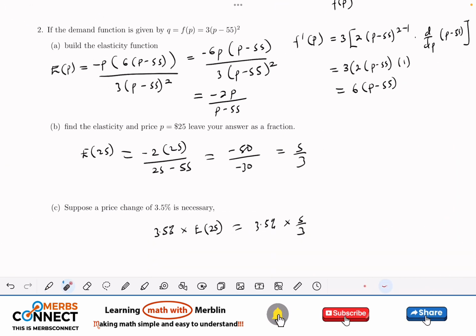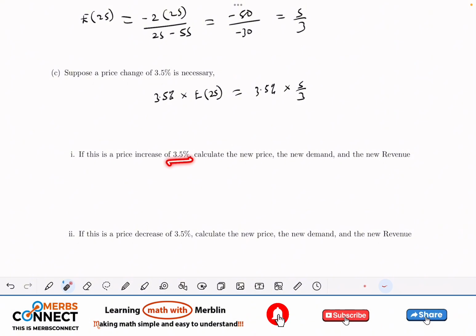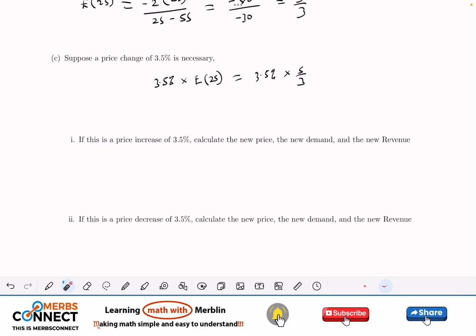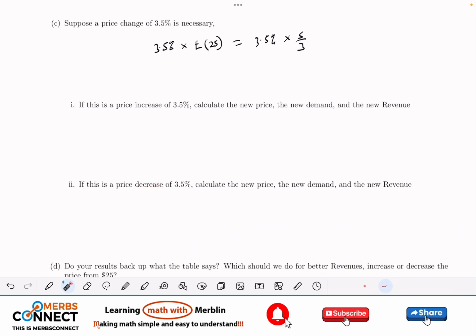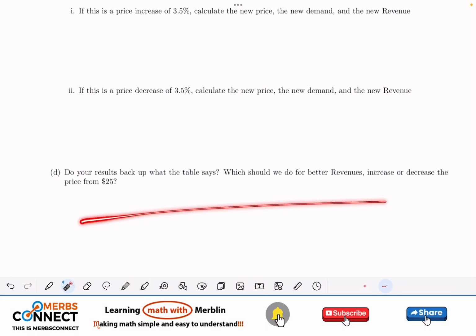Now here, increase price. So look for your new price, new demand, new revenue. Same thing. This is decrease. So look for new price, new demand, and new revenue. Follow the same example there, and then conclude based on everything that we have done.